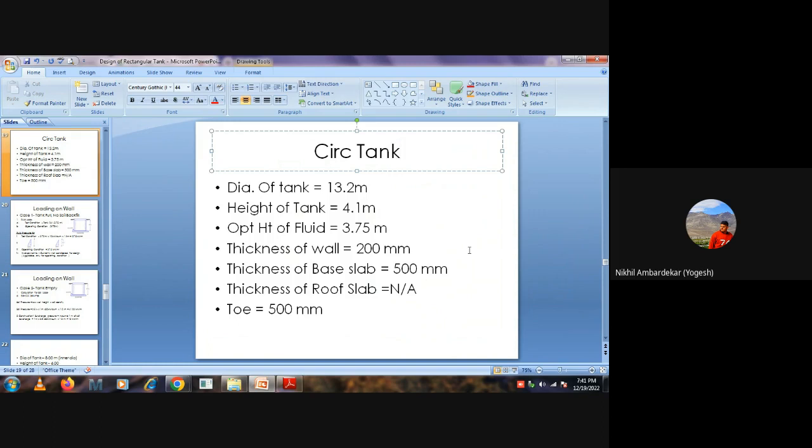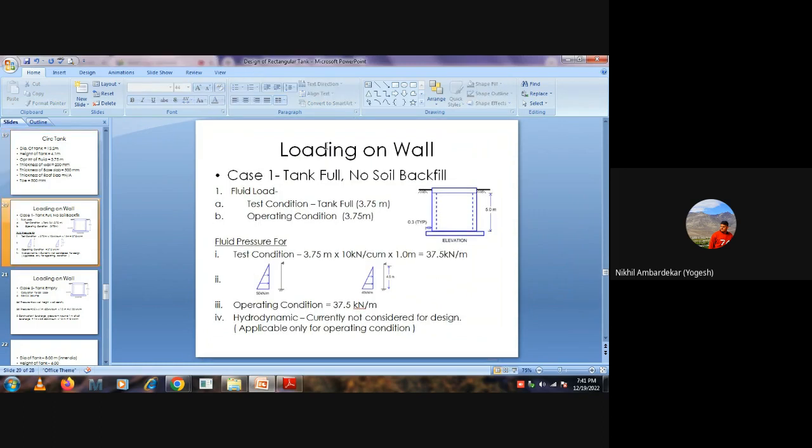Okay, so now the first load case, test condition. Case 1, tank full with no soil backfill. So assume test condition, tank full up to 3.75 meter. I copy-pasted this, so there is a little confusion, but it's fine.